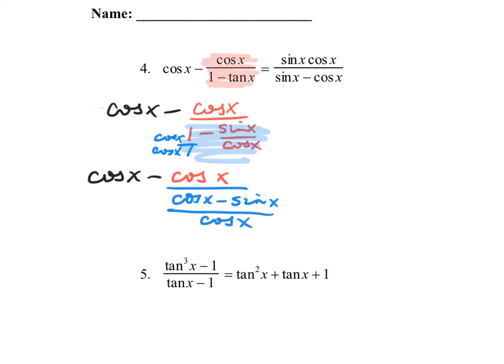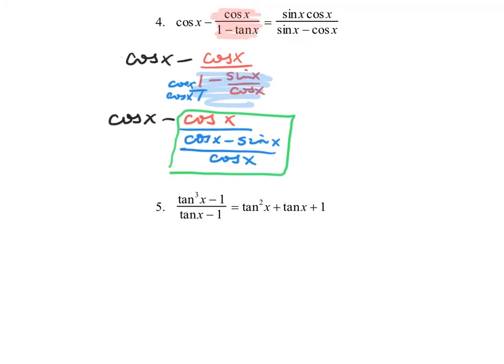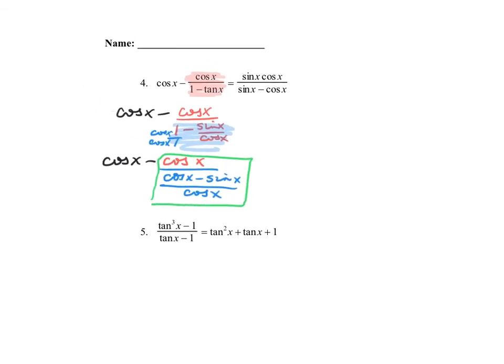Now I'm going to do a keep flip change just of that one term. So what I'm going to do here is divide this. Let's do it here. So cosine x divided by, or times by the reciprocal. Let me keep this in red. I'm going to flip the blue upside down.